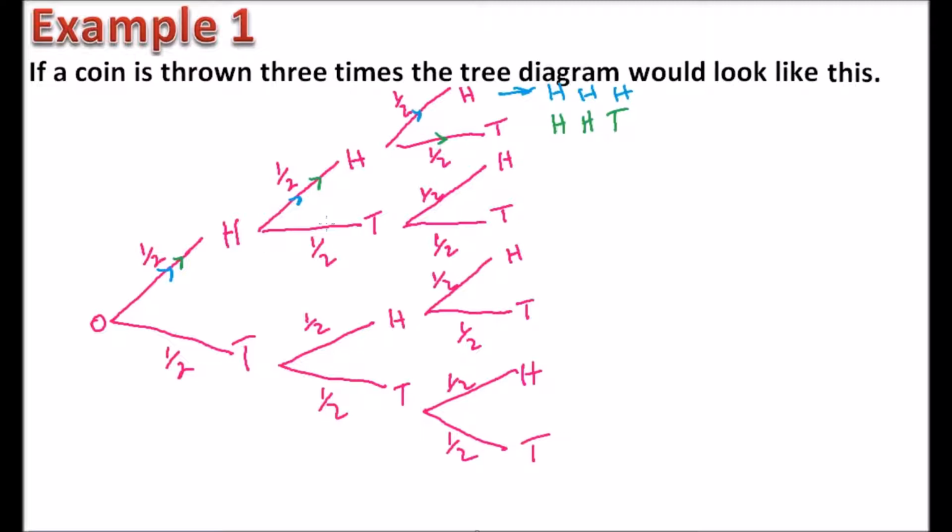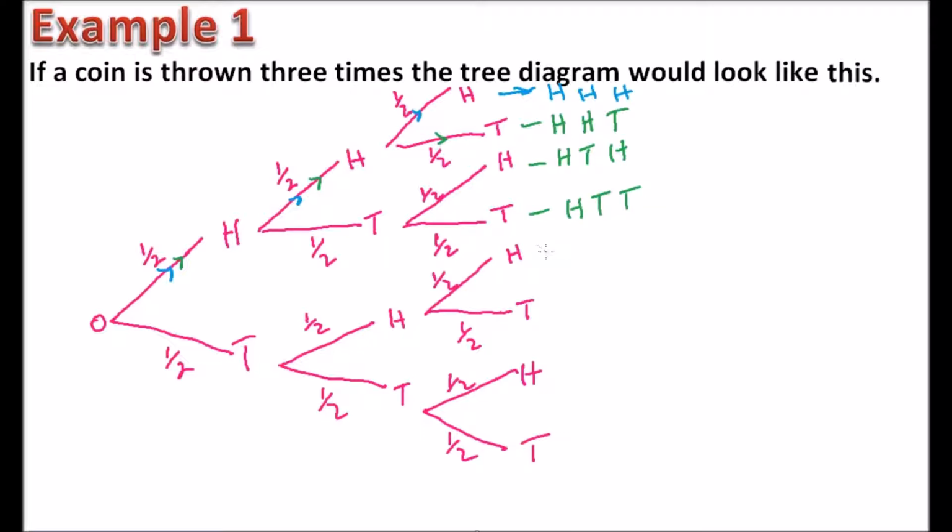Then you can follow the other one: a head, a tail, and a head. So that is that branch. This one is a head, tail, tail. We are through with that branch.